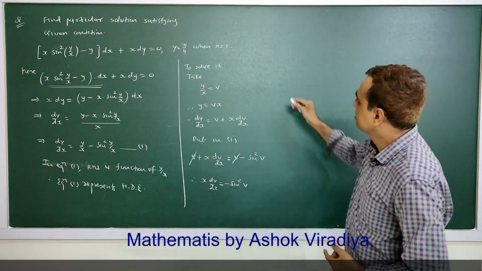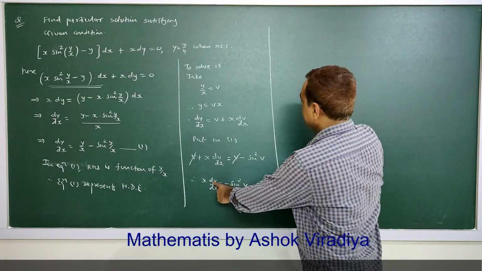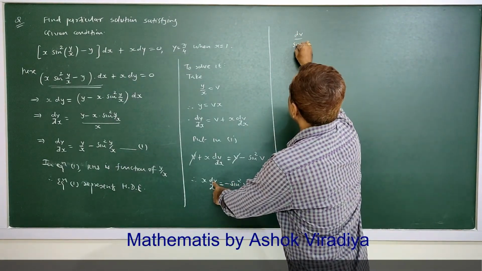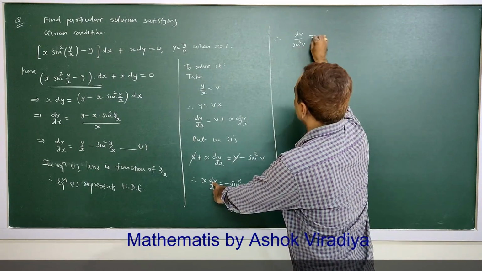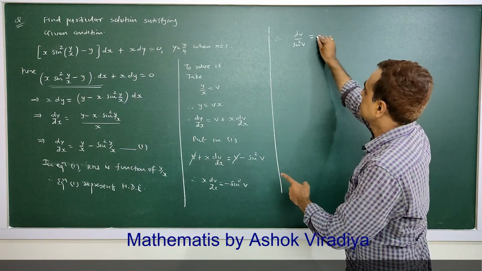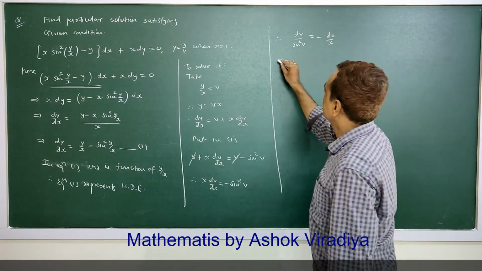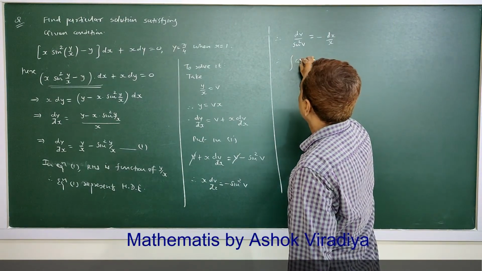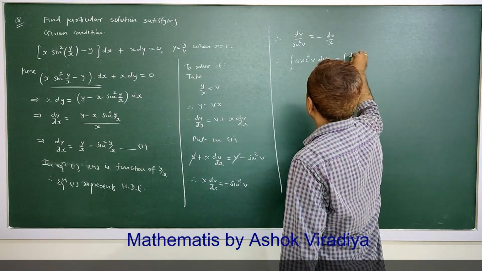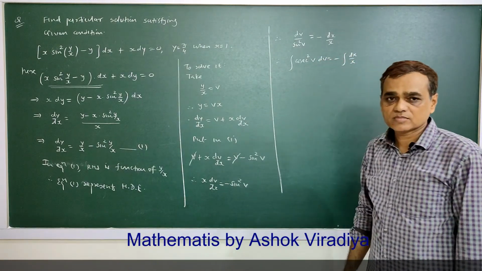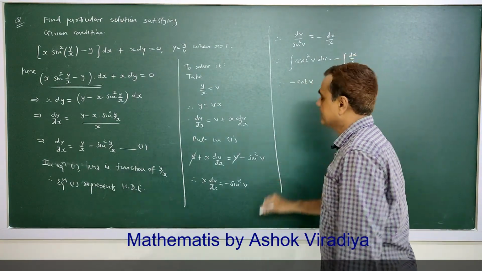Now this can be converted into variable separable form. So dv upon sine square v equal to minus dx upon x. So that is integral of cosec square v dv is equal to minus integral of dx by x, and integral of cosec square v is minus cot v.